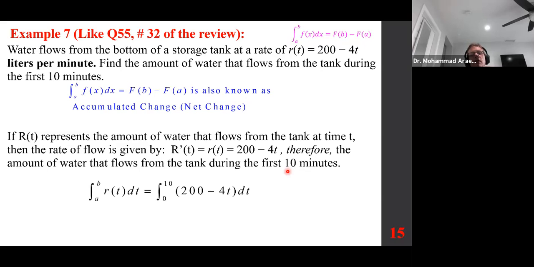We can do that. So integration will give us here 200t minus 2t squared.